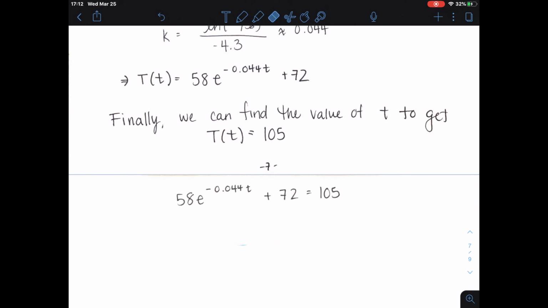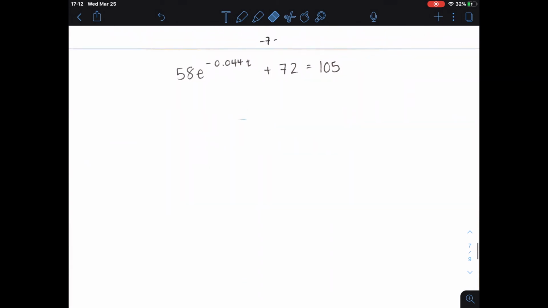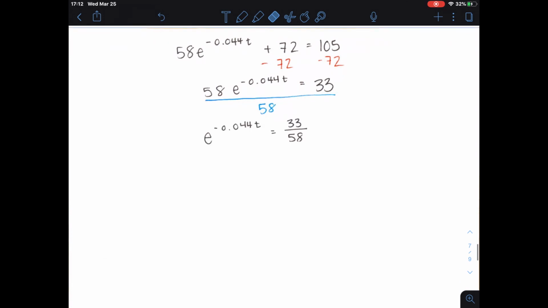So we get our temperature formula has to equal 105. Go ahead and subtract 72. Then you get the exponential times 58 has to be 33. So divide by 58 and you get a nice expression involving e. Take the natural log again so that those cancel.